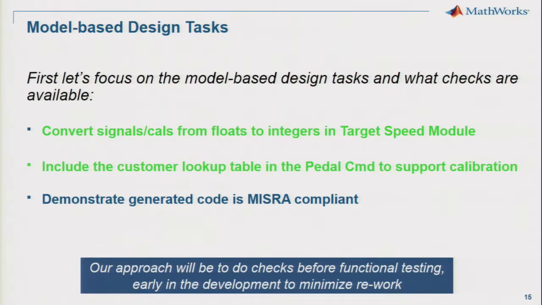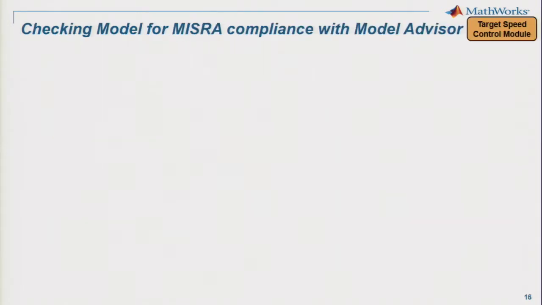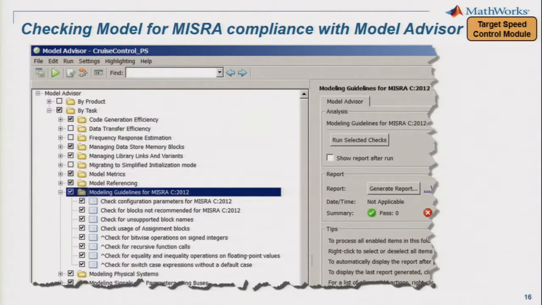And the next one is we also have to comply with MISRA. So for MISRA, from the model aspect of it, luckily I'm surrounded by a lot of good application engineers at MathWorks, so we can actually use a Model Advisor. Again, we're trying to check this early, right?